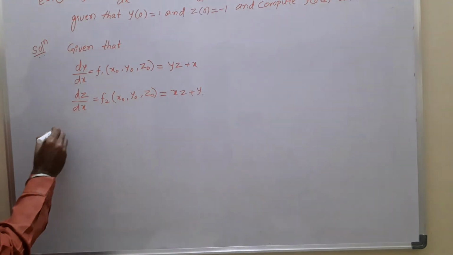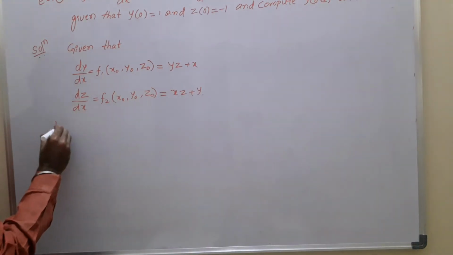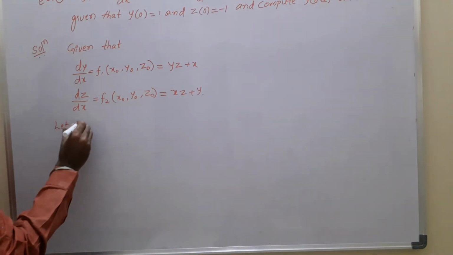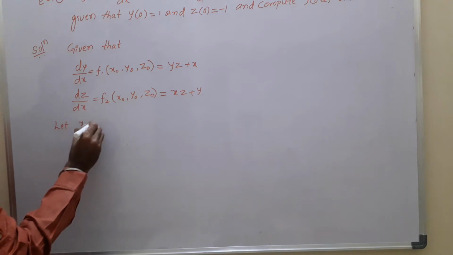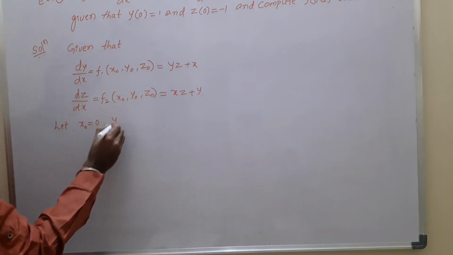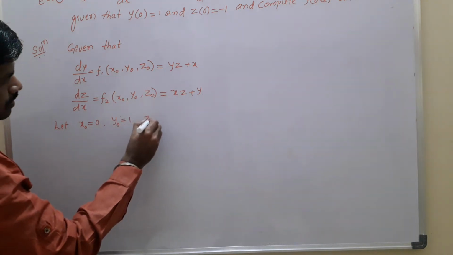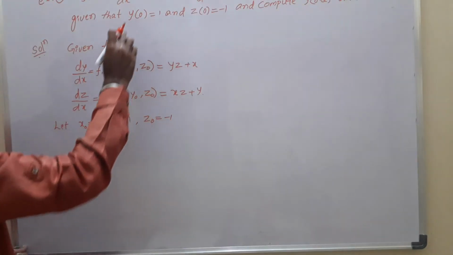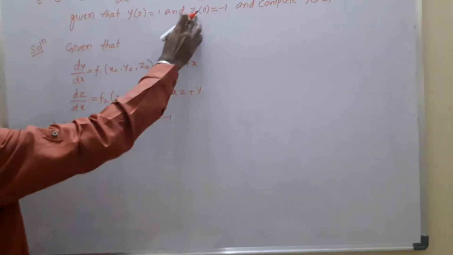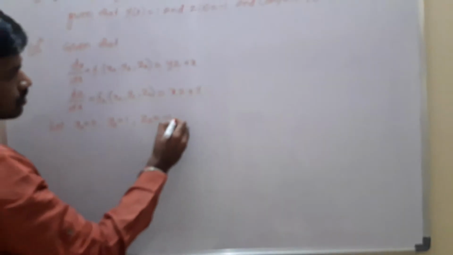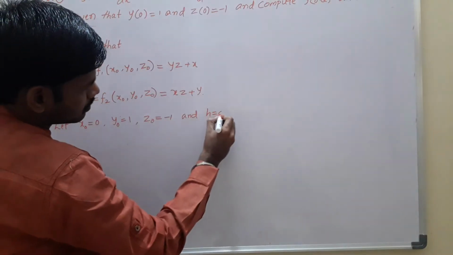Also given x0 equal to 0, y0 equal to 1, z0 equal to minus 1, and h equal to 0.1.